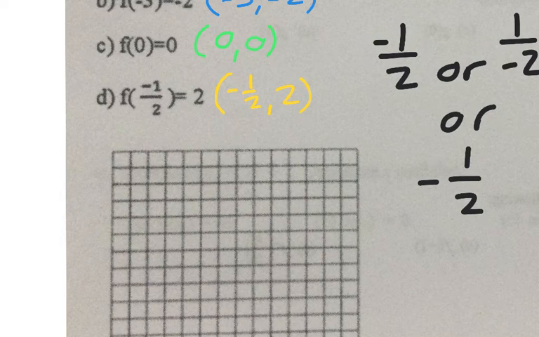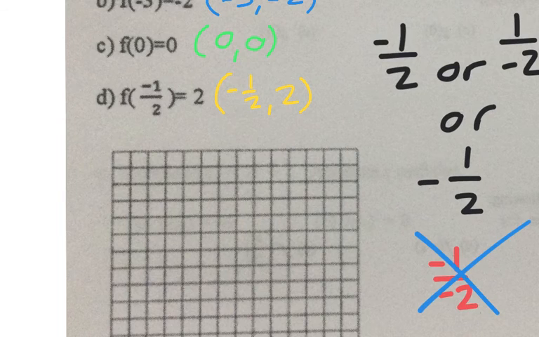Those all mean the same thing. The only way you can't say it is -1/-2. That's wrong, because what's a negative over a negative? Positive. So you can't put the negative over the negative. If we got that for an answer, it would be positive +1/2. Okay, so let's graph these points.